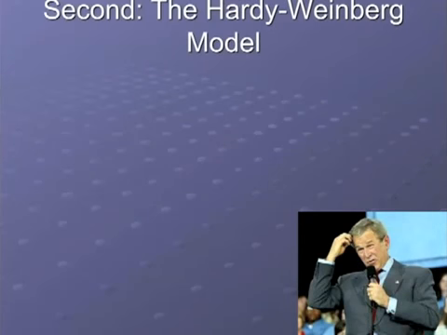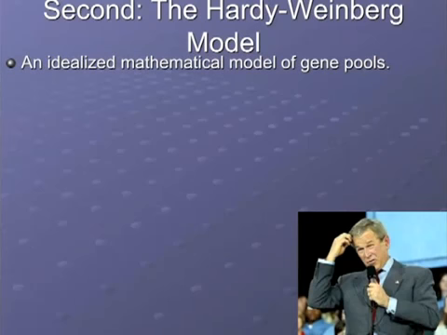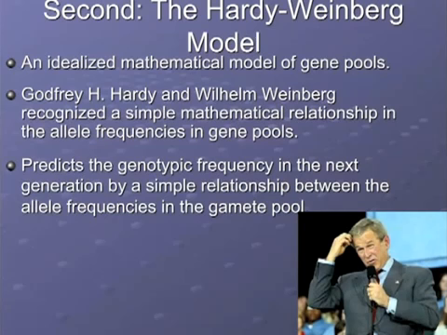So, what the Hardy-Weinberg model states is a mathematical model of gene pools and how they relate. These two guys, Godfrey Hardy and Wilhelm Weinberg, recognized that there is a simple mathematical relationship in the allele frequencies in gene pools.